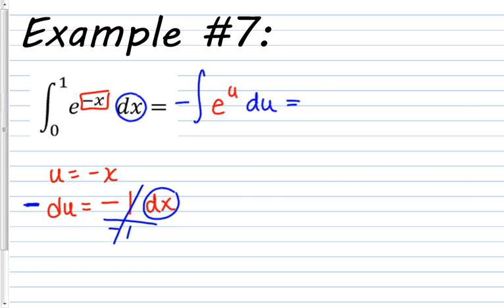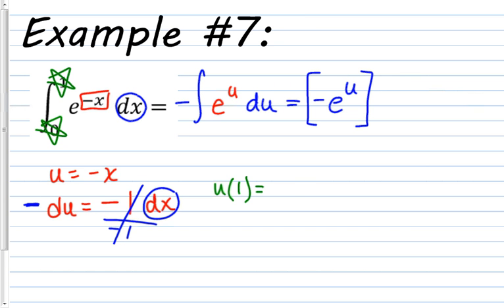Finish integrating that, and I have negative e to the u. No plus c because I'm going to evaluate. And again, I like just leaving it all with u's. That way I don't have to go back and forth. So in order to do that, I'm going to plug in my original limits, the 1 and the 0. So plug in the 1 into u.